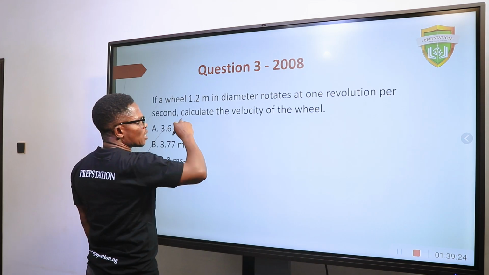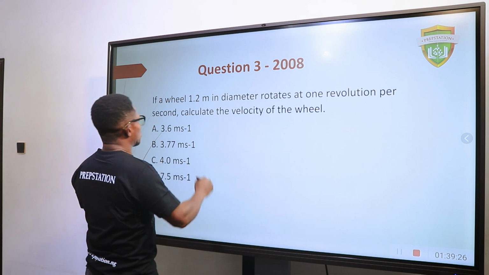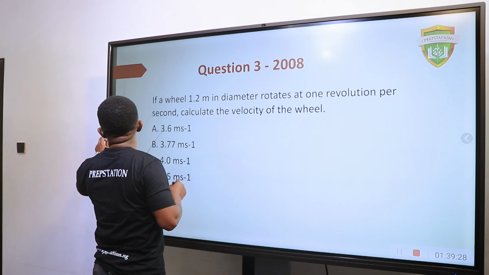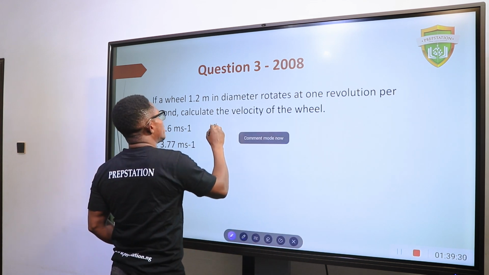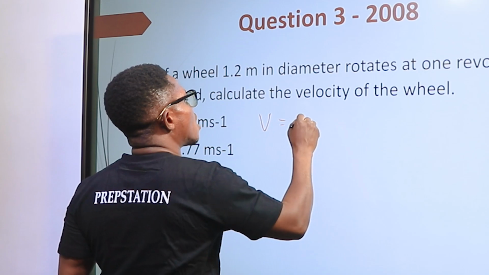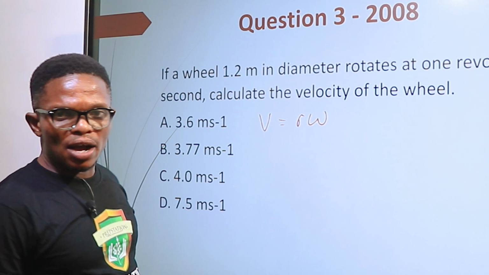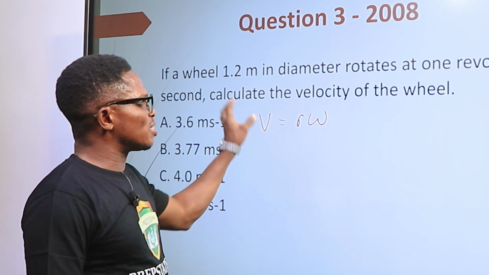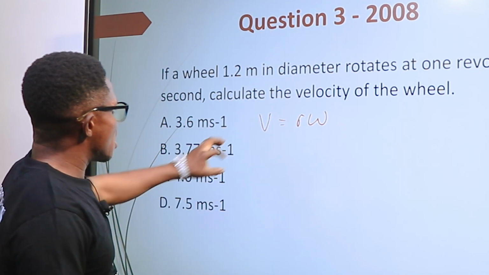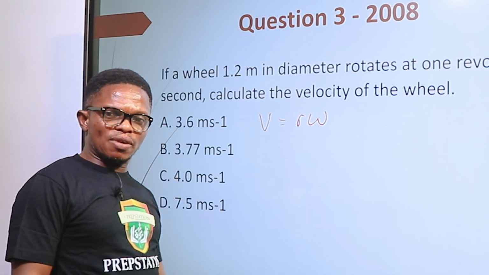Now, there is a formula that relates linear velocity and angular velocity, and that formula is linear velocity equals to R omega. Now, omega is called angular velocity, R is the radius of rotation, and then V is the linear velocity.